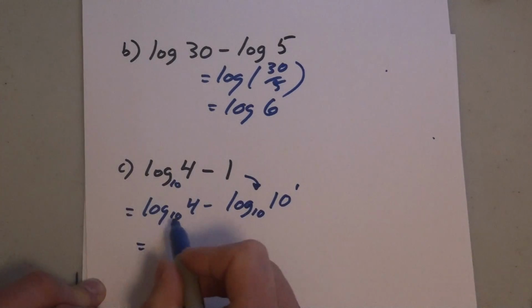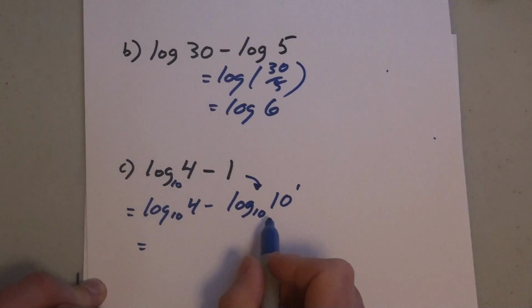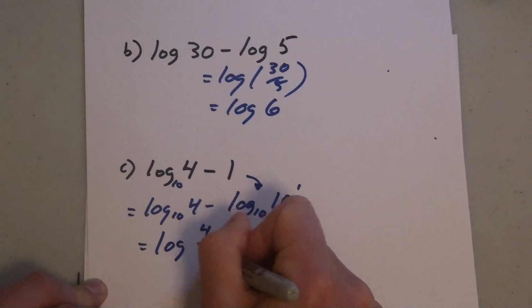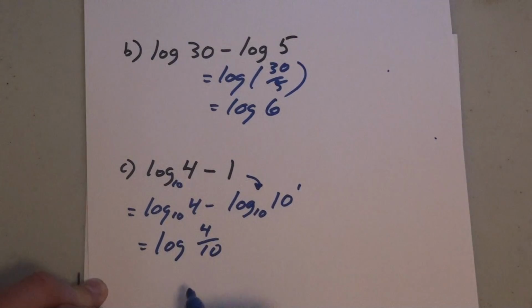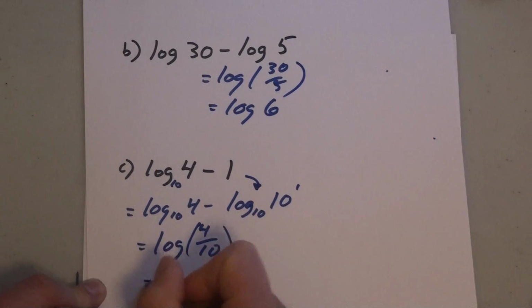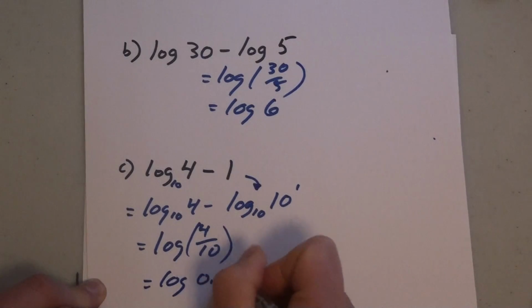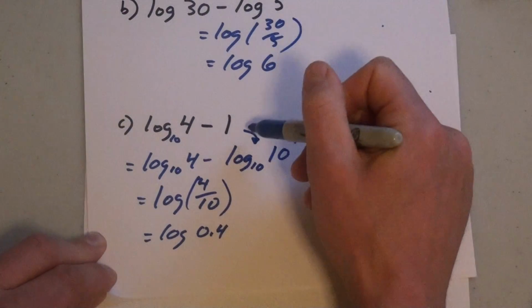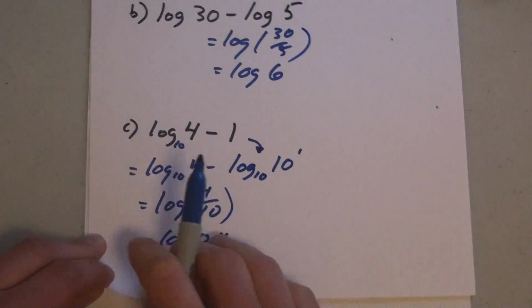Okay. Now I have subtracting going on, which means dividing, so I have log 4 over 10. I don't need to write the base 10 because it's assumed. And then I have log 0.4. Okay, so my two logarithms became the one logarithm, but I turned the whole number into a logarithm before I could even get started.